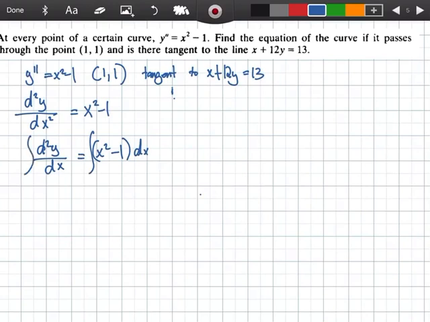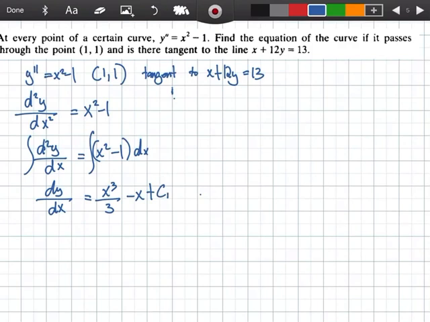Then integrate, dy over dx is equal to x cubed over 3 minus x plus c. We will call that c1 because we will integrate again later, so we will have a c2.